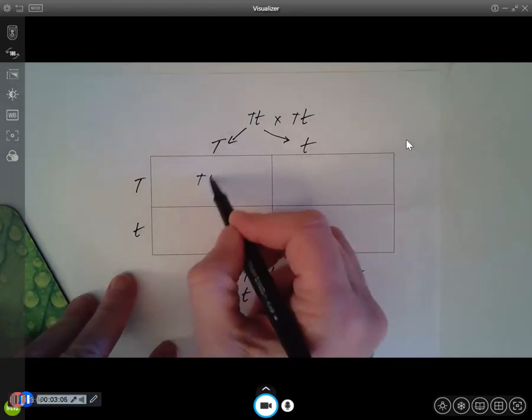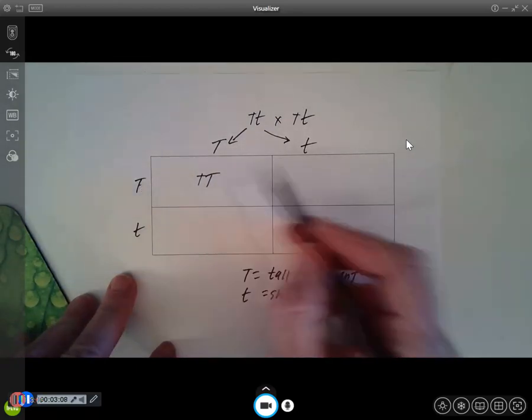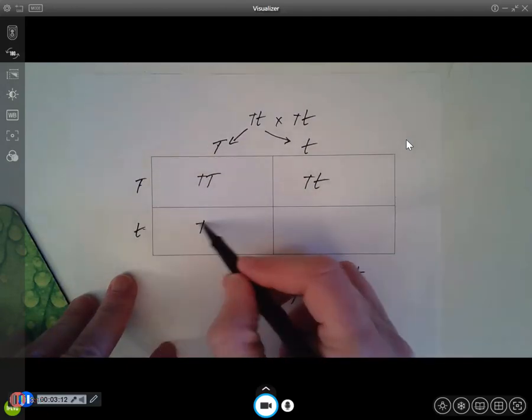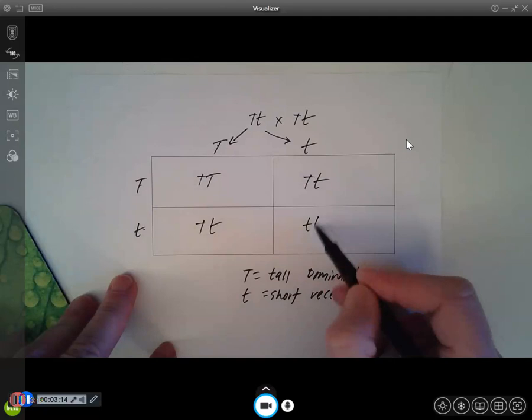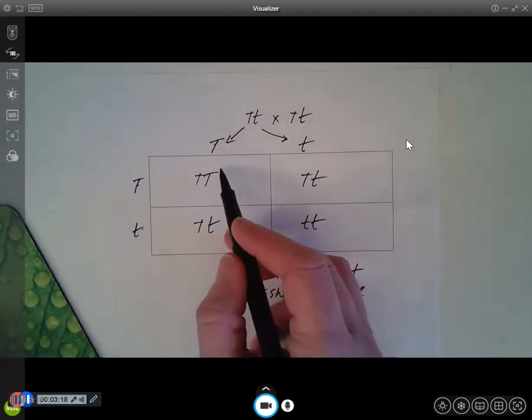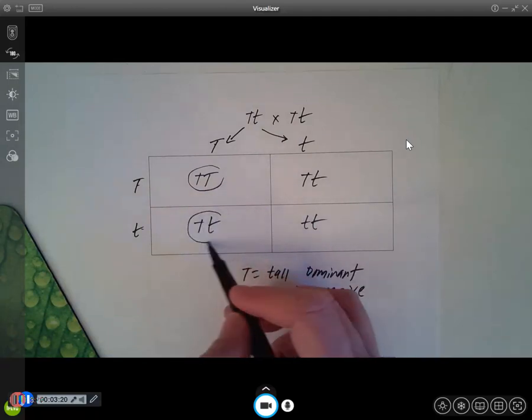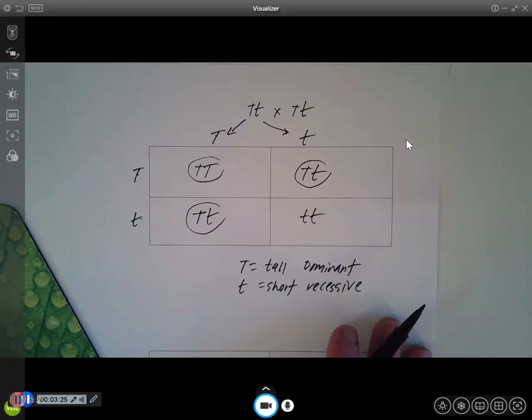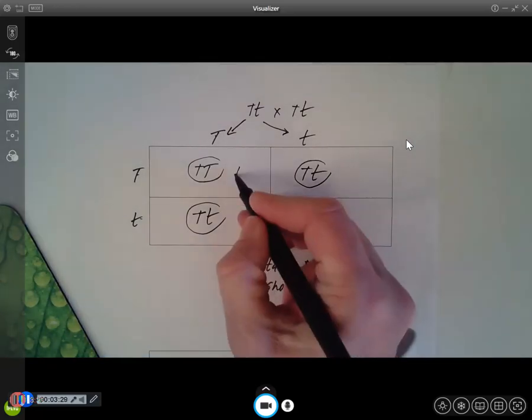Then this times this gives us that. That times that gives us that. This times this gives us this, and this times this gives us this. Okay, so now if we look at it, we can see that three of them, this one, and this one, would give me the dominant phenotype of being tall.